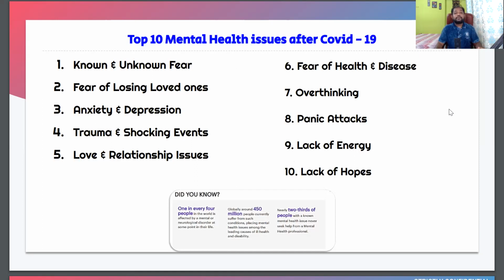Seventh, a very important aspect is overthinking. Overthinking is a major issue which started very drastically for many people after taking the vaccines and the treatments for COVID-19, who suffered from COVID, and they get into depression and anxiety because of the overthinking. Panic attacks are another result of it.